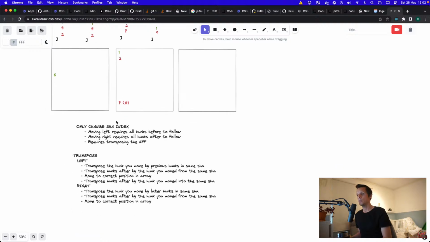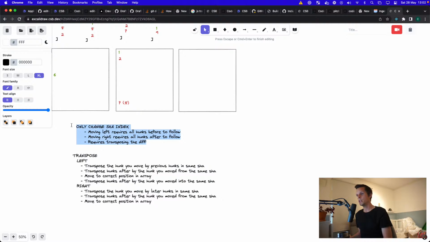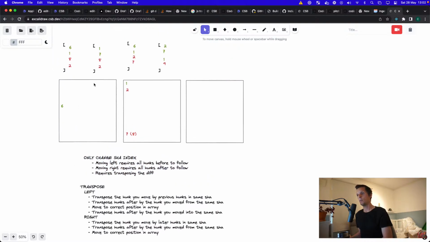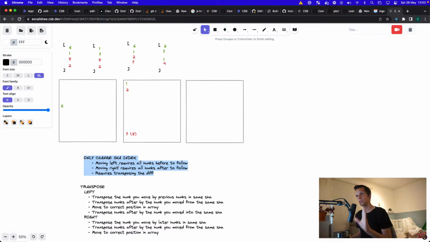Yeah, so there's a different way to do this. We could only change the SHA index. That's what we do. We don't care about anything else. We just change SHA indexes.